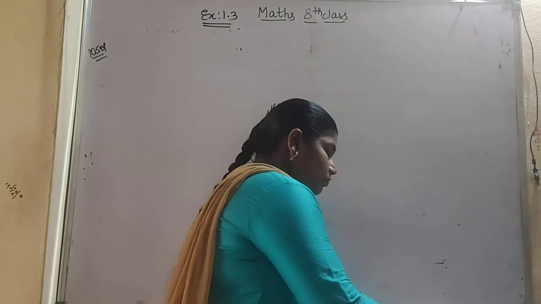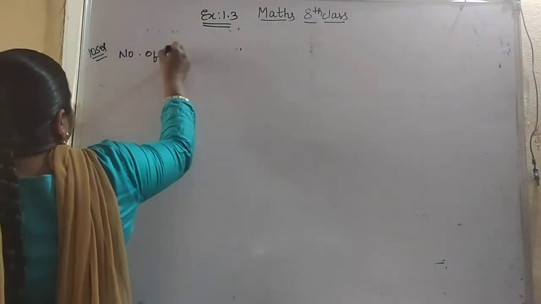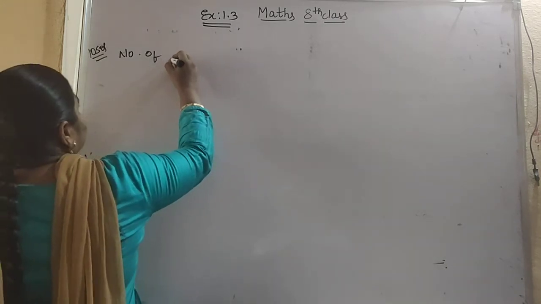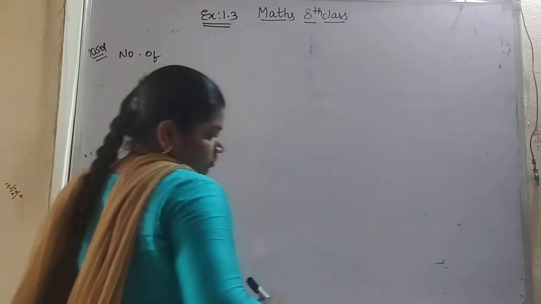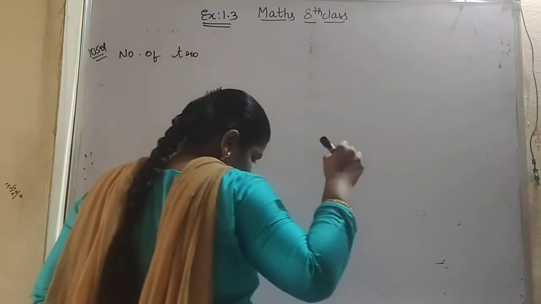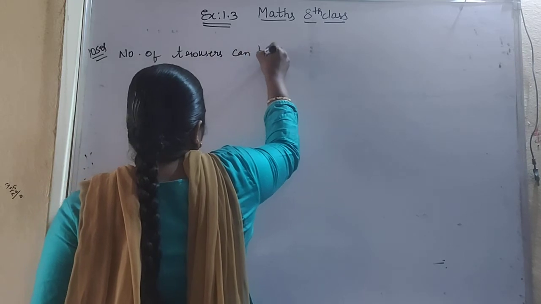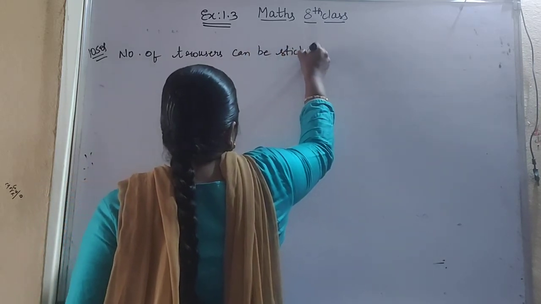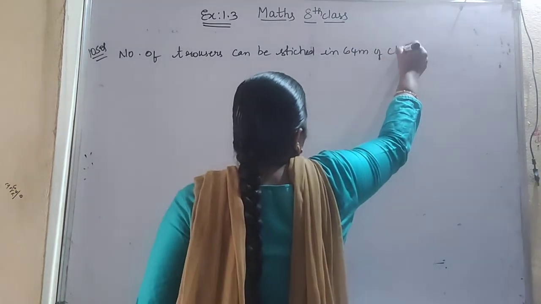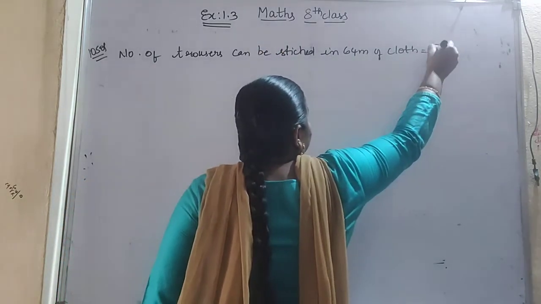So the number of trousers that can be stitched in 64 meters of cloth is 36.